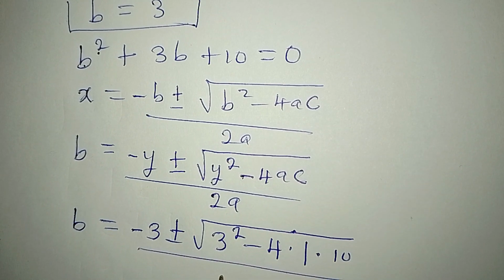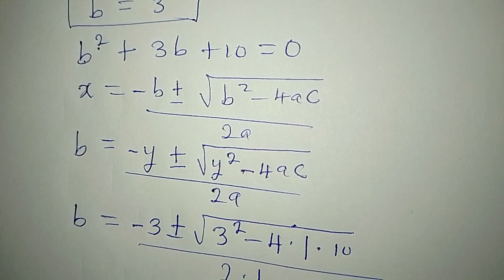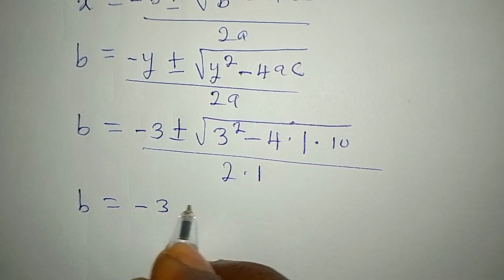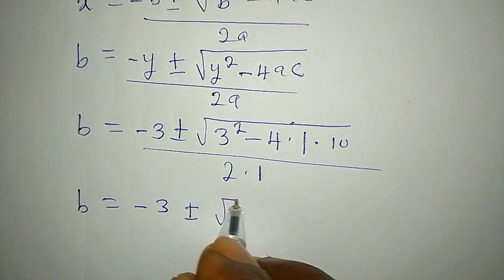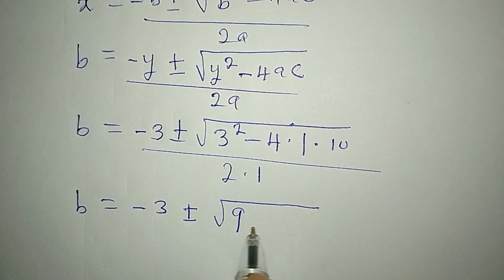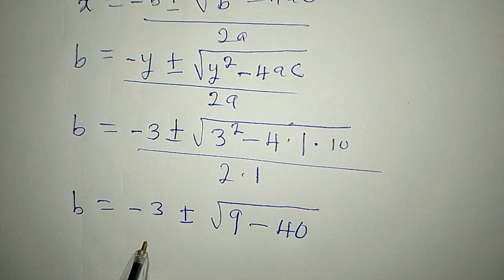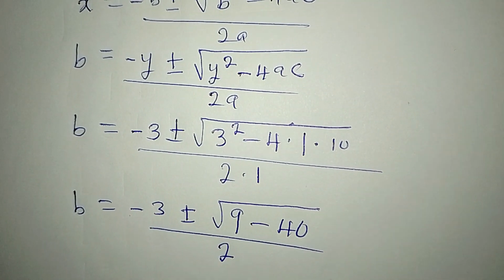This is all over 2 times 1 because a is 1. Now b will be equal to minus 3 plus or minus 3 squared is 9 minus 4 times 1 times 10 is 40. So this will be over 2.